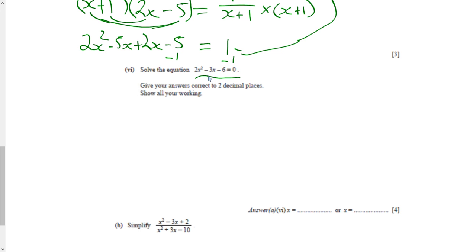Because the coefficient of my x squared is 2, and this doesn't divide out nice and neatly, I'm going to use the tool, the quadratic formula.